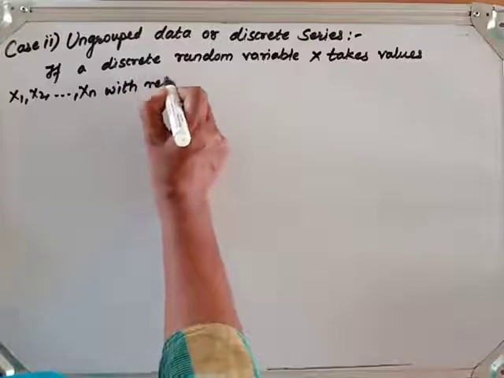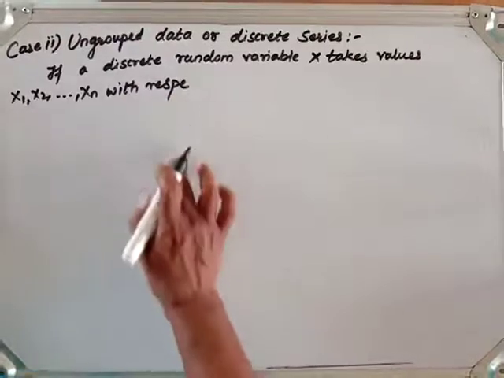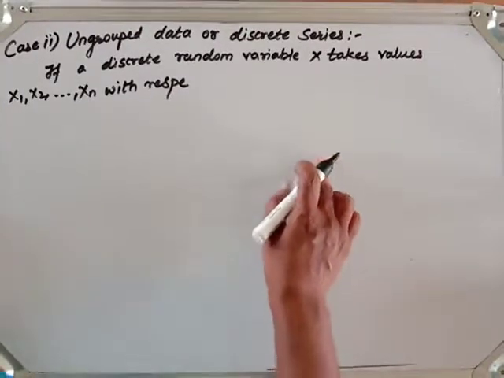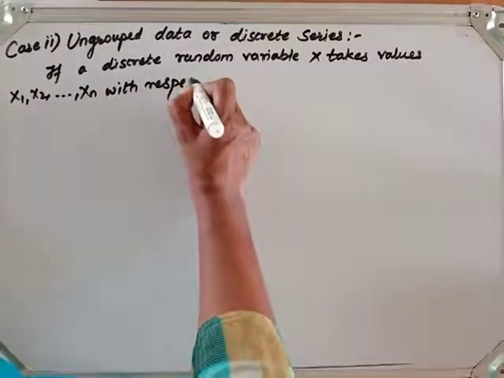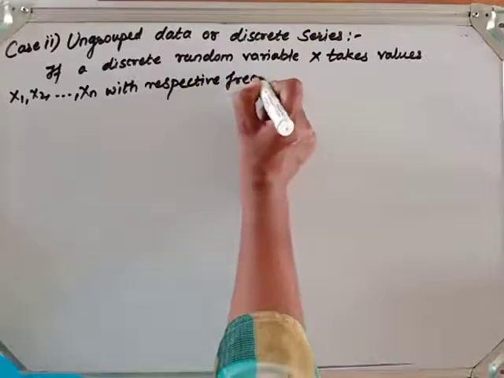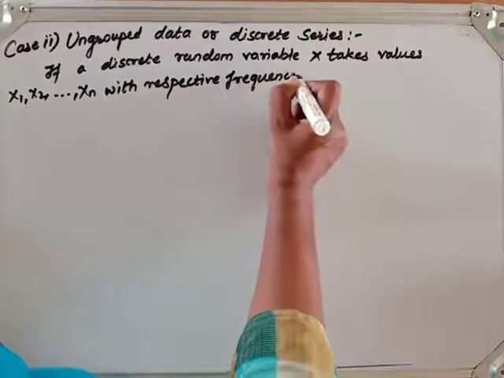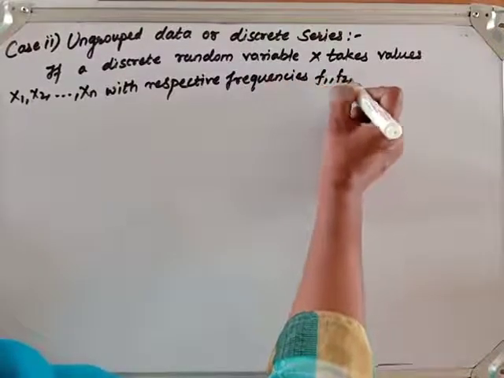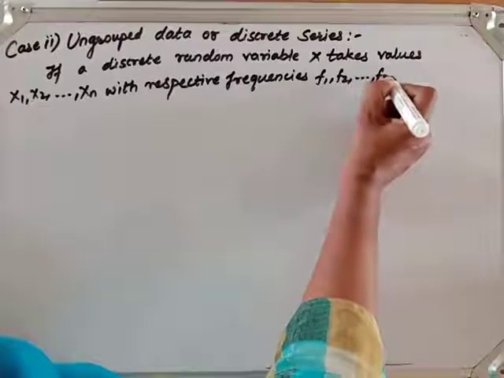with respective frequencies. You know, here one side is observations and the other is how many times that observation comes, that are frequencies. The respective frequencies are f1, f2 and so on up to fn.